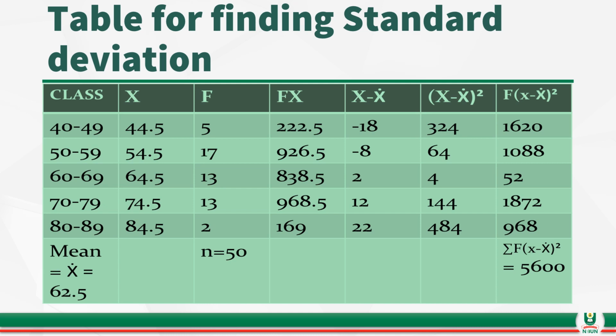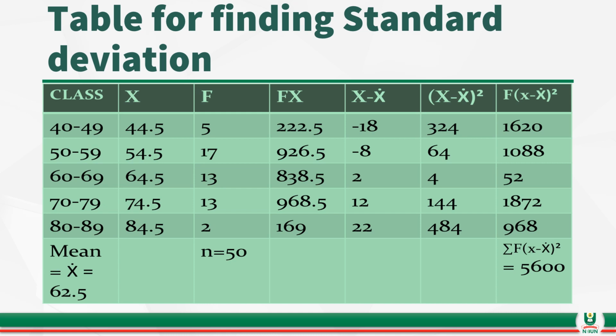If our class center x is 44.5, subtract the assumed mean, which is 62.5, and you have minus 18. If you go to the next class, 54.5 minus 62.5 will give us minus 8. 64.5 minus 62.5 will give us 2. Down to 84.5 minus 62.5 will give us 22.